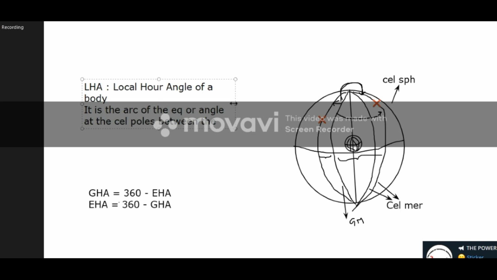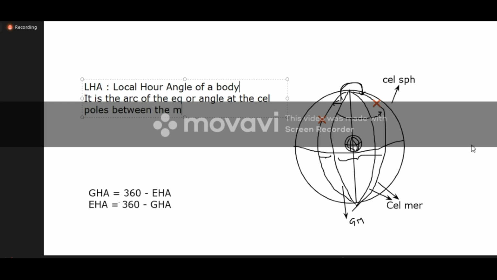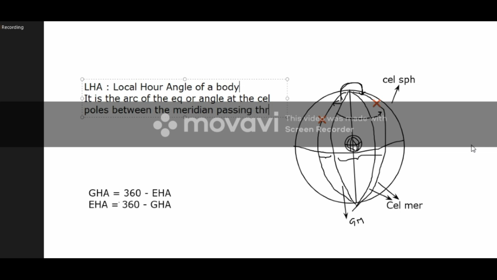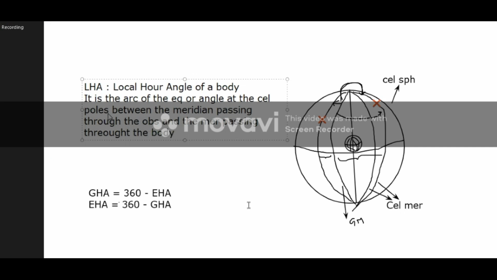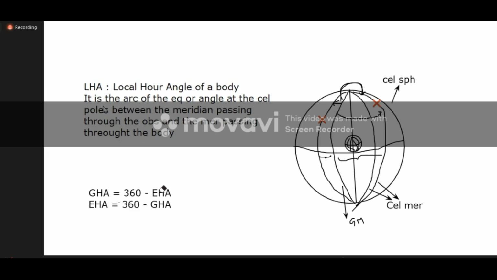It is the arc of the equinoctial or angle at the celestial pole between the meridian passing through the observer and the meridian passing through the body. That is what it is. So it is the arc of the equinoctial. Celestial is always equinoctial.